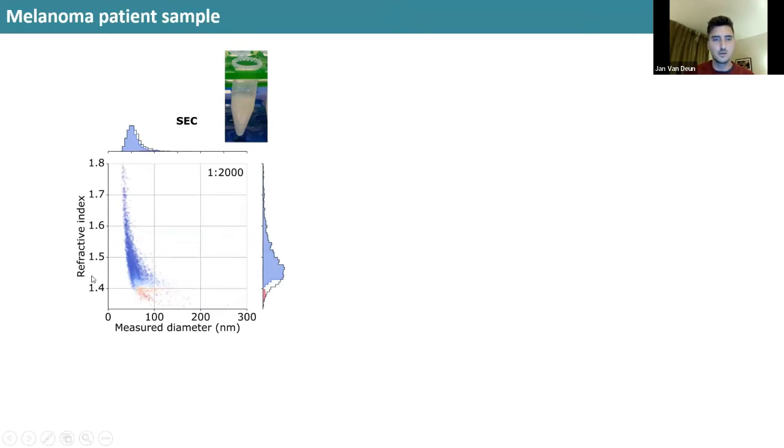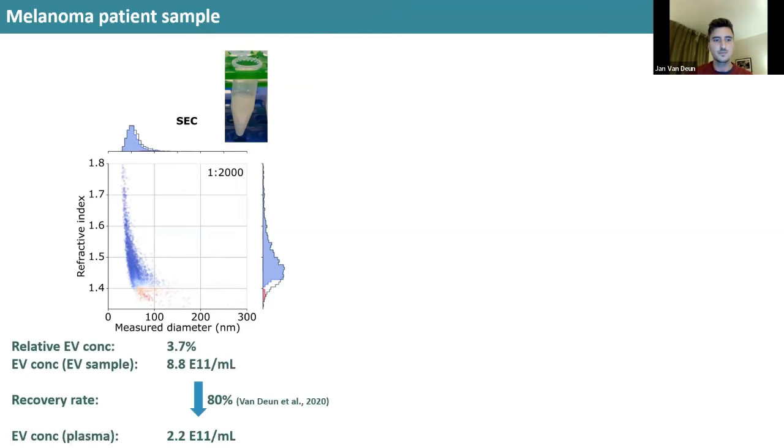And this is also shown in the INTA graph, where you find almost only a population of lipoproteins and this really low population of EVs, which is again below the classification error, so it's only a 3.7% EV population there. And then using known, or published, recovery rates, we could go back to the original EV concentration in the plasma.